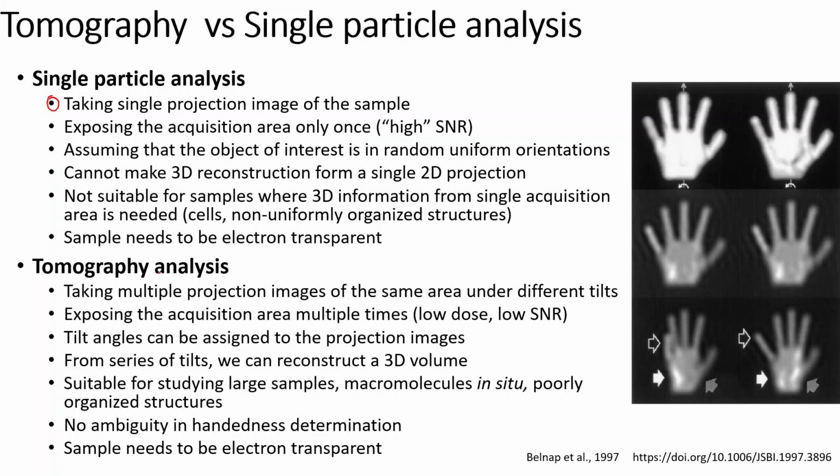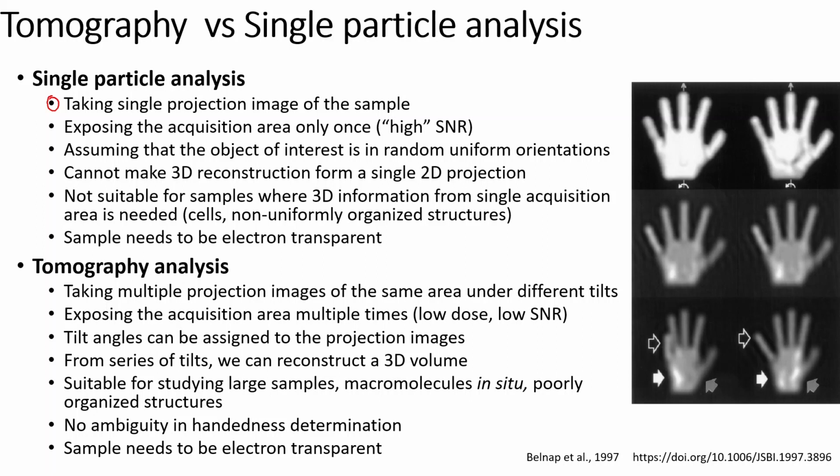Single particle analysis is not suitable for samples where 3D information from a single acquisition area is needed. For example, if we take a cell, we simply don't have enough uniformly distributed cells that we can average together and make a 3D reconstruction using single particle analysis.